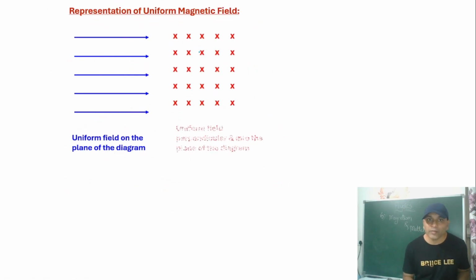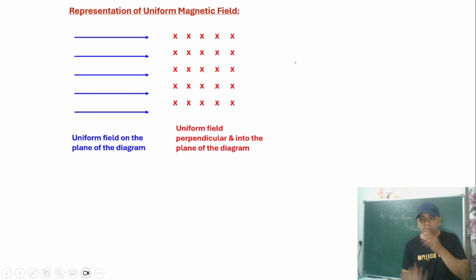The representation of this uniform field will be this one. Then this one is inside, meaning it shows the field going into the paper, the plane. We are observing the screen as a plane, and the magnetic field goes inside it. So it is a uniform field perpendicular and into the plane of the diagram.